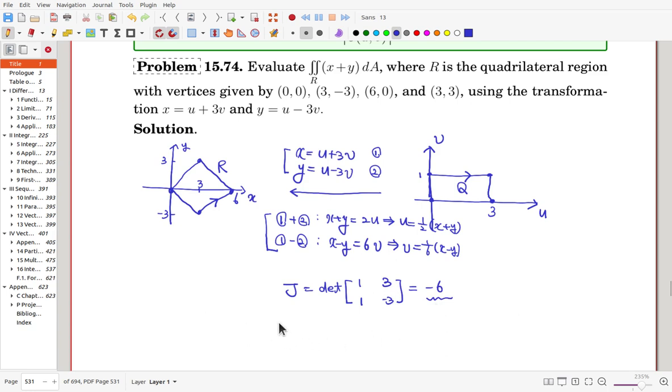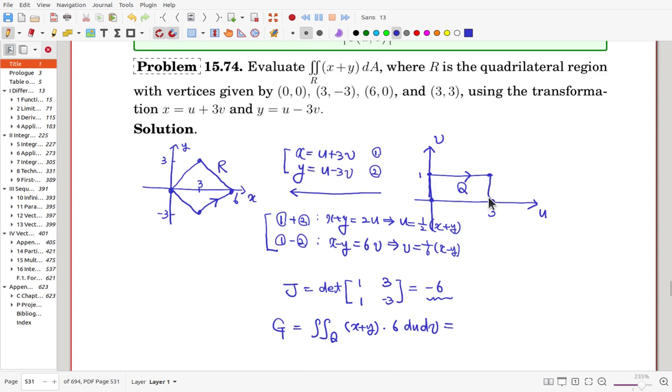Okay. So the given integral over R will be the same as the integral over Q. And okay, let's put this one momentarily x plus y, and the scaling factor must be 6 du dv. Okay, what is Q?